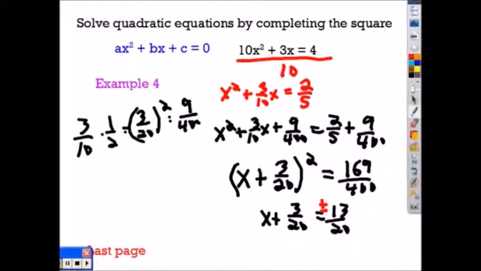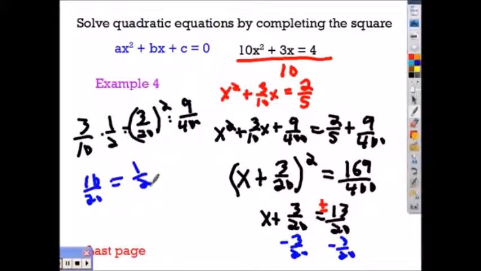Now we'll just subtract 3/20 from both sides. So first off, 13/20 positive minus 3/20 would be 10/20, also known as 1/2.